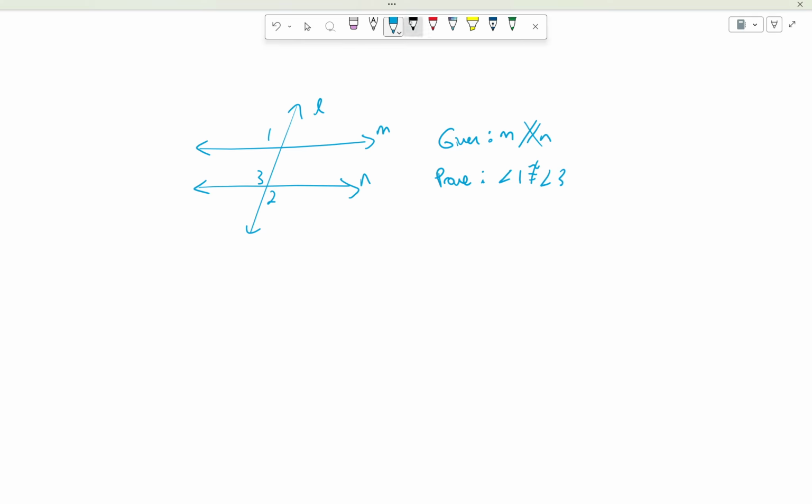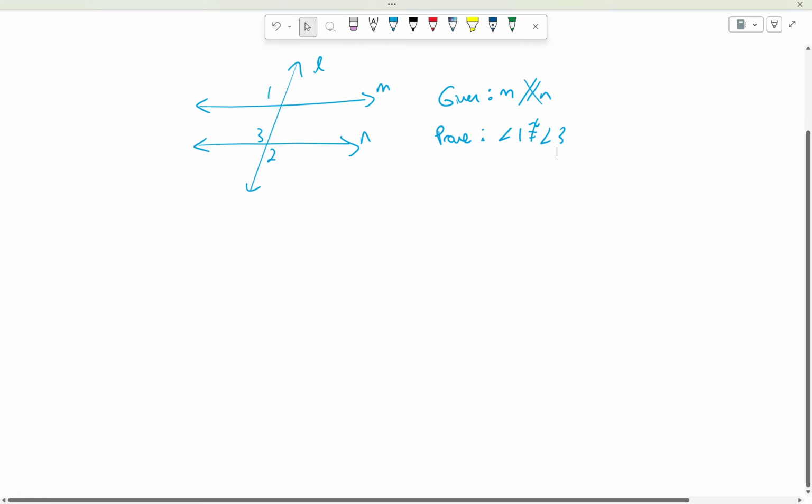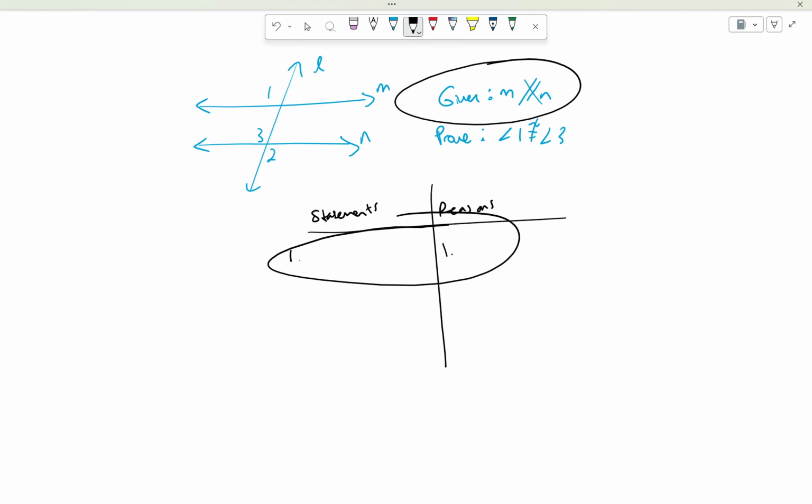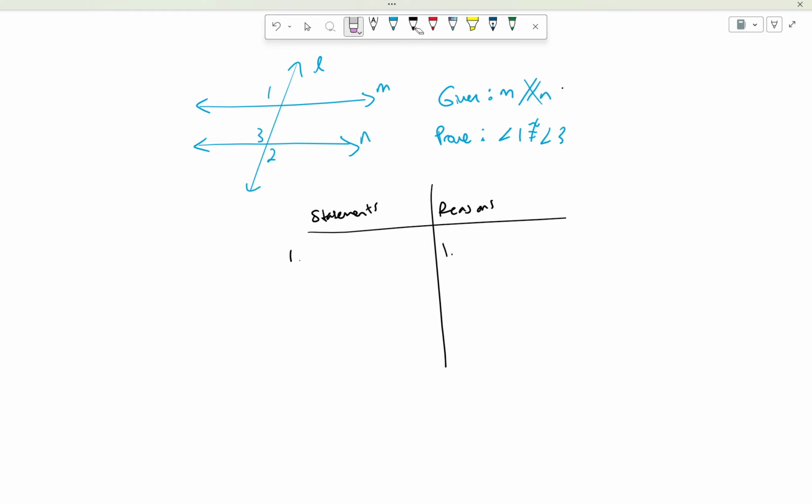So the methodology for doing an indirect proof, two-column, works as follows. We start off our two columns, where the left is our statements and the right is our reasons. But it's going to work out differently, because where we've typically started step 1 by taking the given with 100% of our proofs so far and restating it, with the reason being that it's given, that's no longer what we're going to do here.